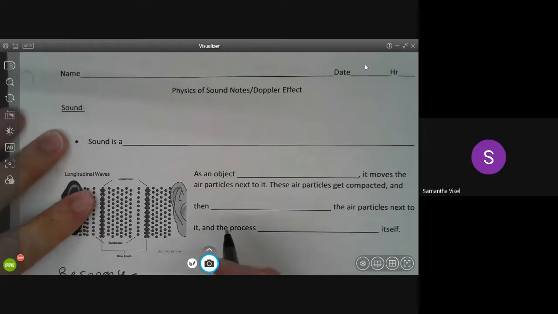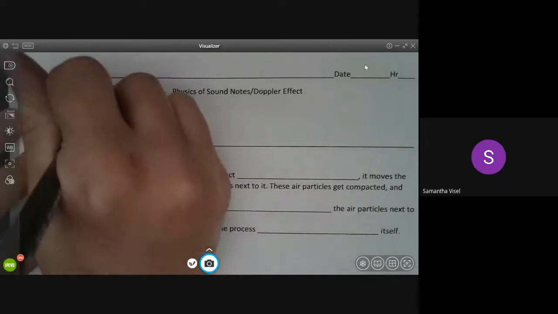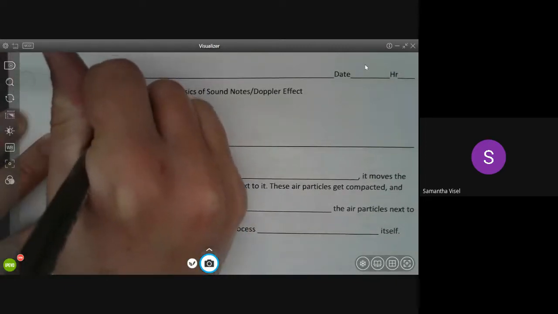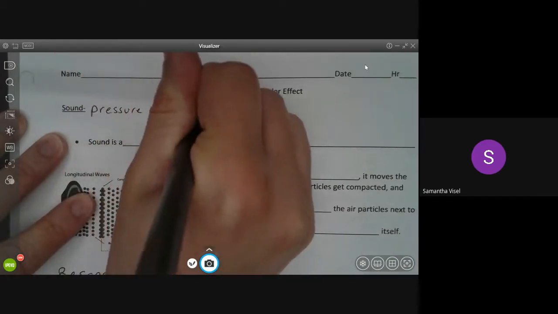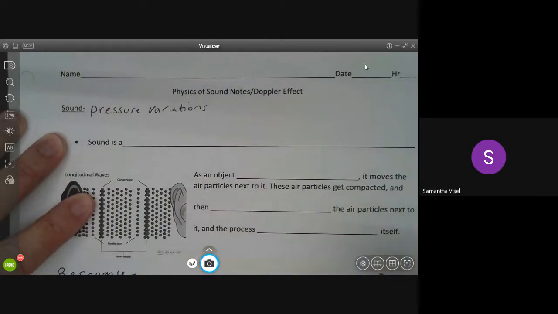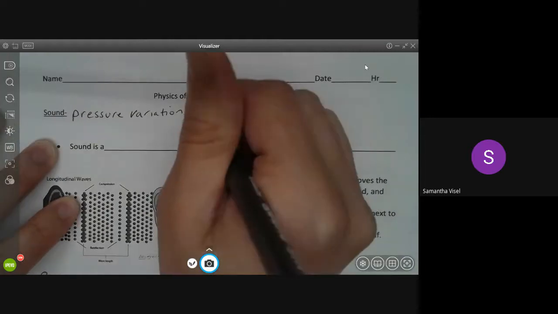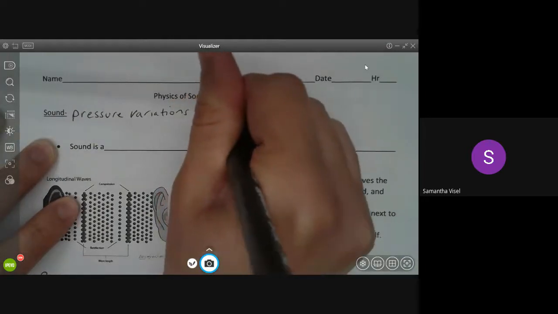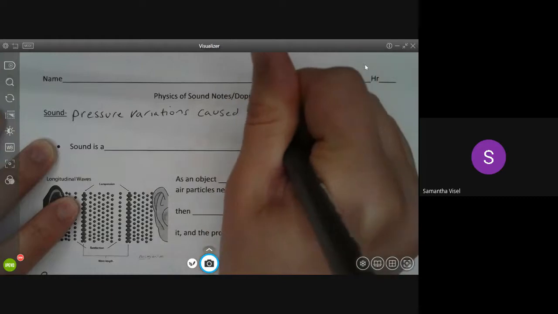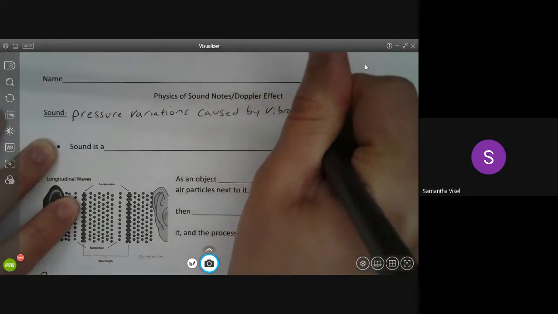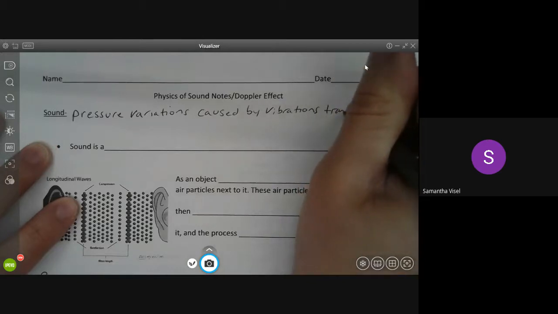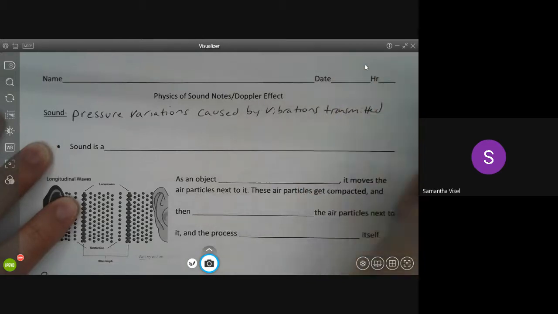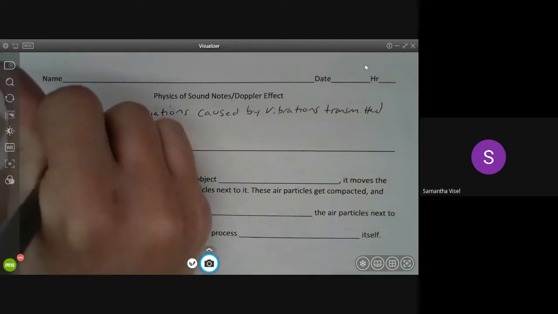Sound itself, by definition, is pressure variations or pressure differences caused by vibrations transmitted through matter.